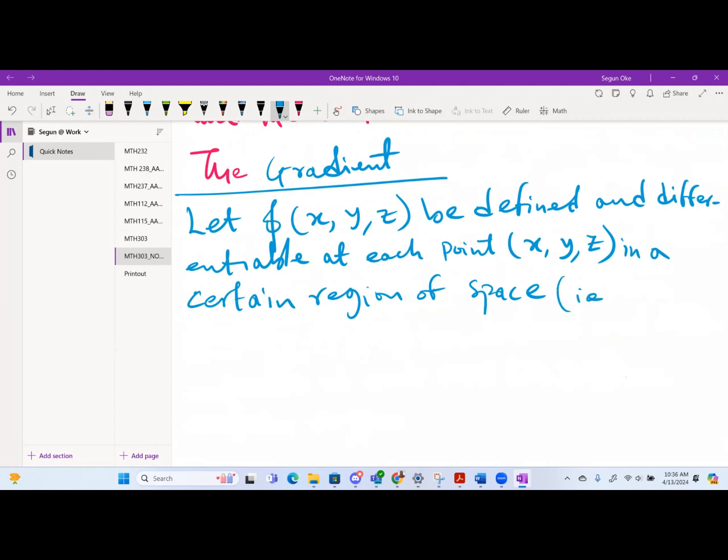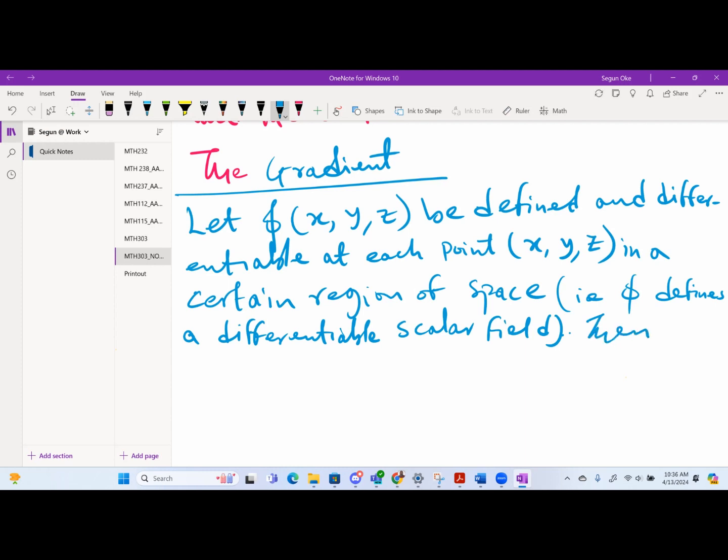That is, our phi defines a differentiable scalar field. A differentiable scalar field.